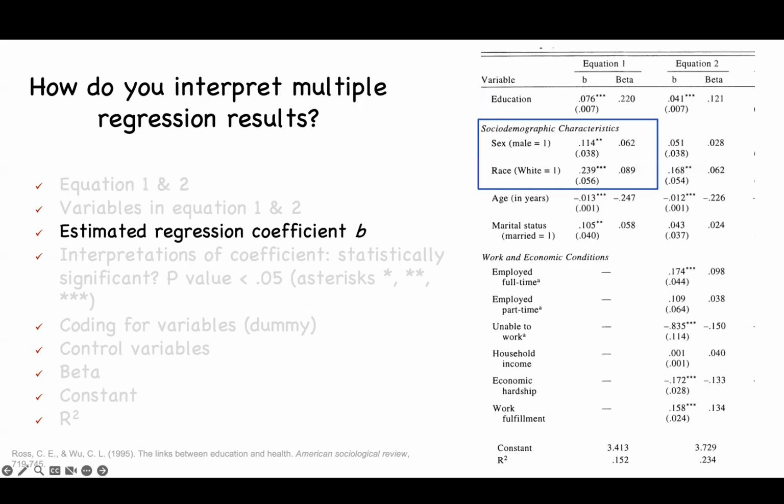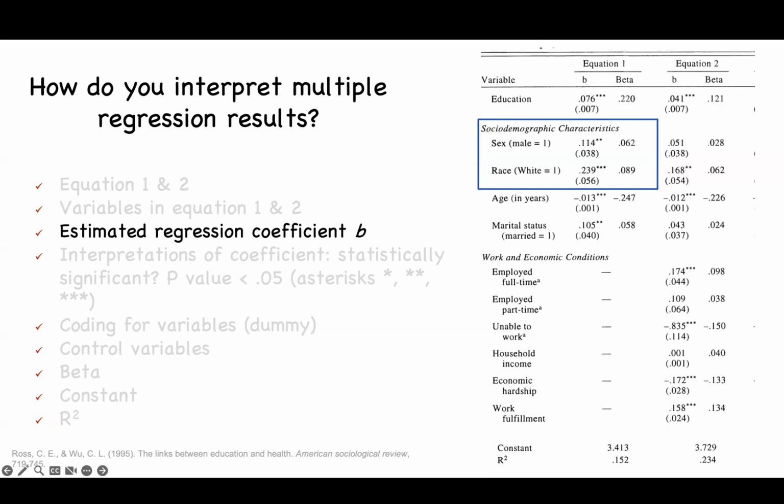We also have dummy variables, right? In the equation they are coded as 1 or 0. Again, I want to repeat some of them. For example, marital status: married is coded as 1 and single is coded as 0. Married people have self-rated health that is 0.105 points higher than that of single people, because single is coded as 0.